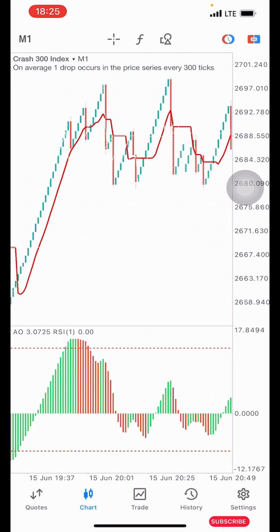Okay, so as you can see, we are on crash 300, and this particular strategy works very well on this pair, this crash 300. I've already shared the setup for this strategy in the video I posted here yesterday.